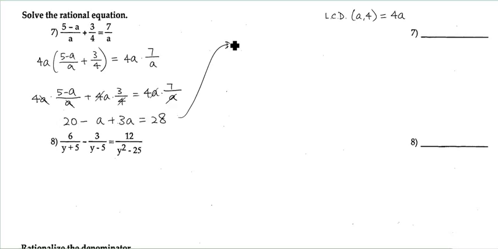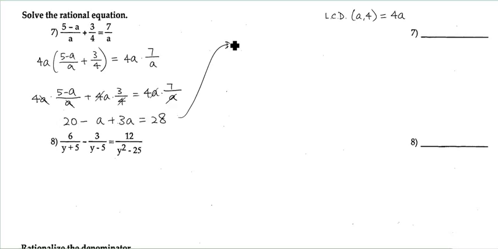You distribute the 4 into the whole numerator. In the numerator, you have an invisible parenthesis around them. It's not just 4 times 5. It's 4 times parenthesis 5 minus A. So you need to distribute the 4 into the numerator.